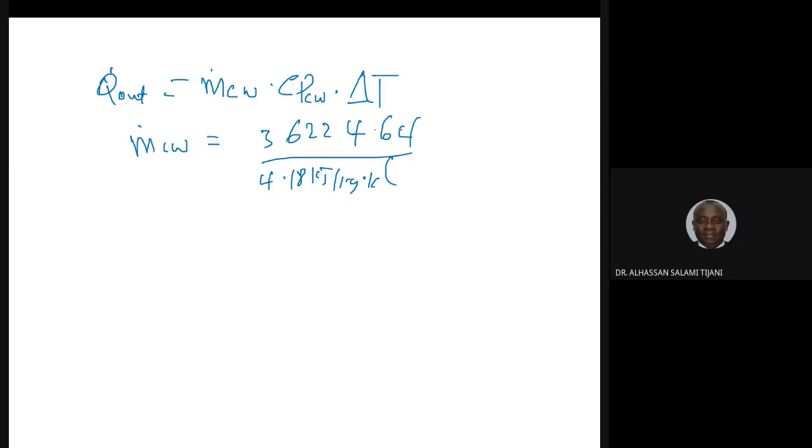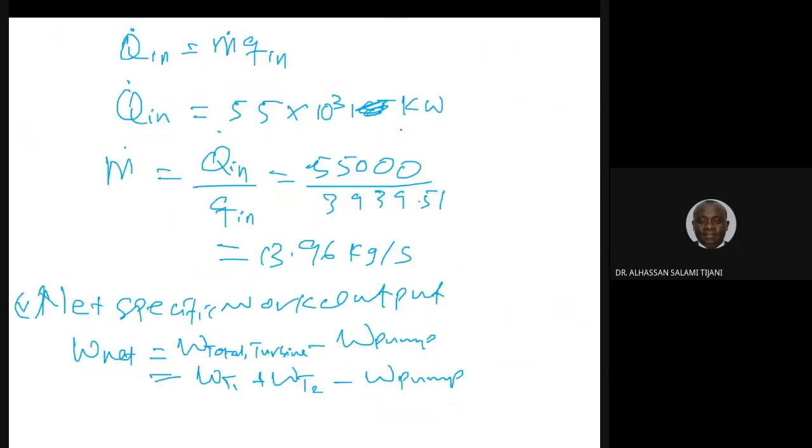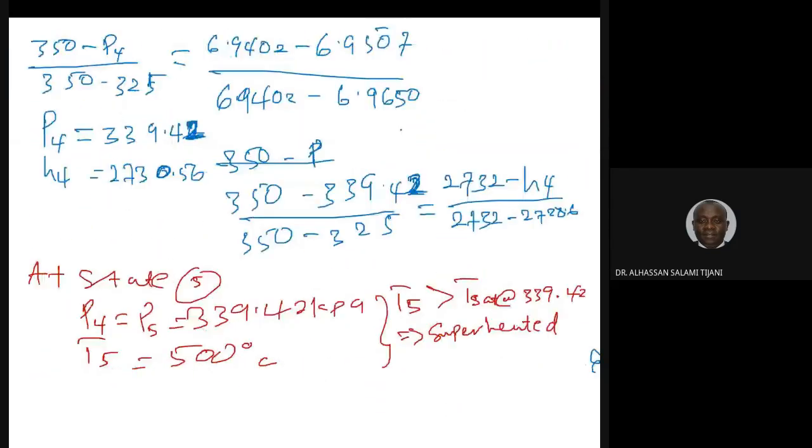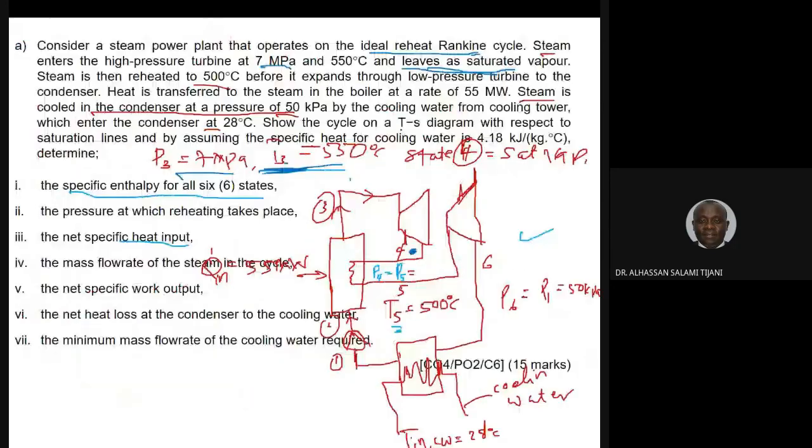So be careful over here. Now, how do we determine our delta T? We are told that the cooling water from the cooling tower enters the condenser at 28 degrees Celsius.